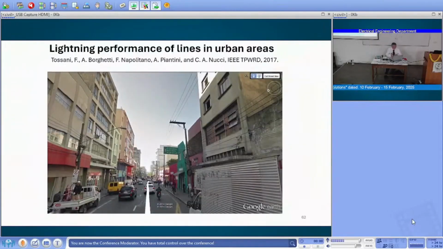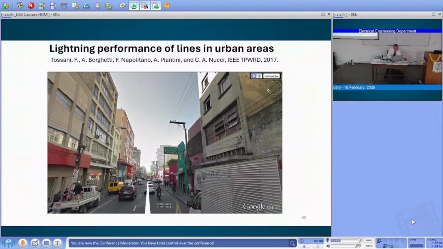Another thing that we have considered is the fact that in many urban areas the lines are not in flat ground but are near the buildings. So there is a shielding effect by the buildings. So the probability of having a problem in the line is lower than for a line that is alone in the open ground.